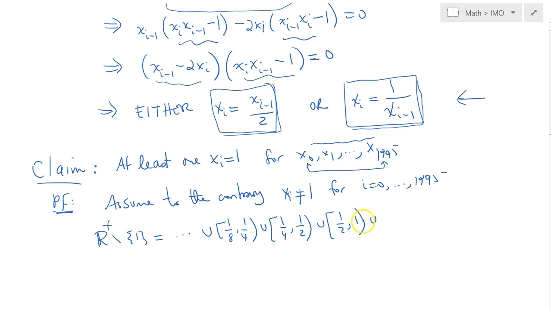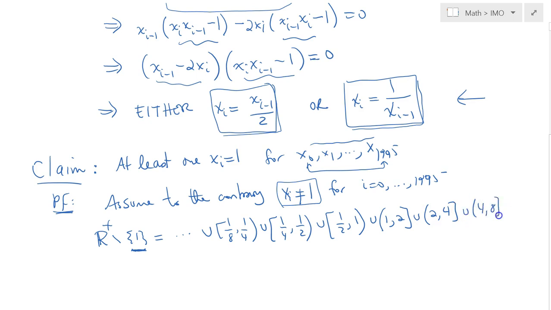Now this one is interesting. I'm going to jump over the 1 because I'm excluding it. I believe no x sub i in this sequence will ever hit the 1. And then I have an open interval and then a closed interval, union, open interval 2 to closed interval 4, and so on.